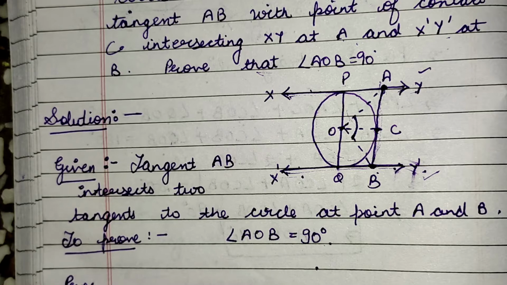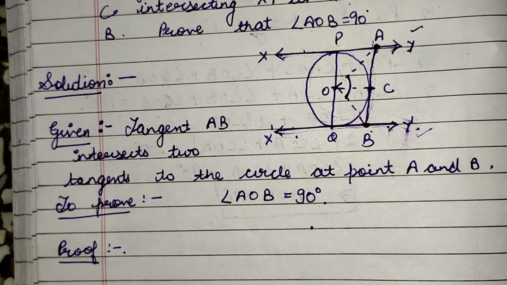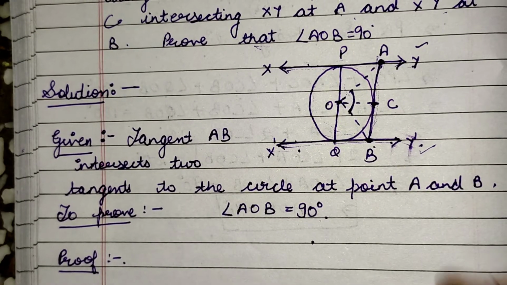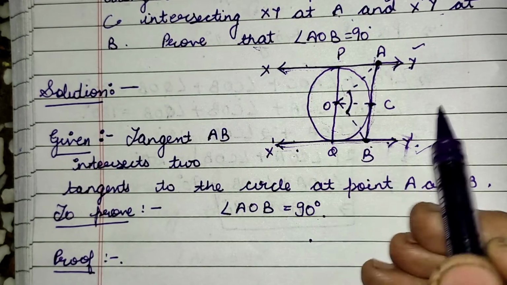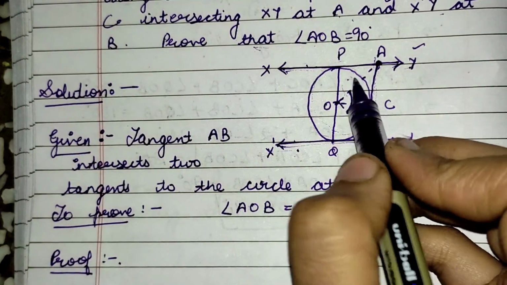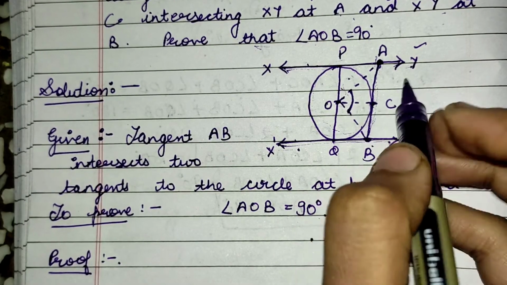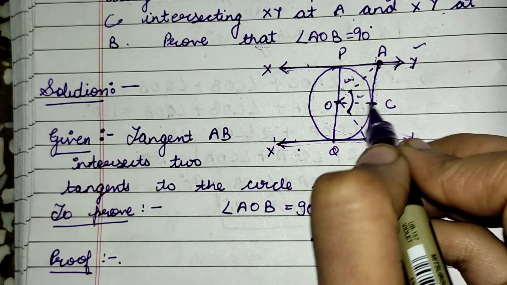So let's start our proof. To prove this question, we are going to use the triangle congruency property. So we are going to divide our complete angle. Let us take these two triangles first.